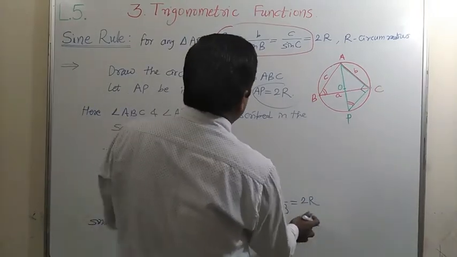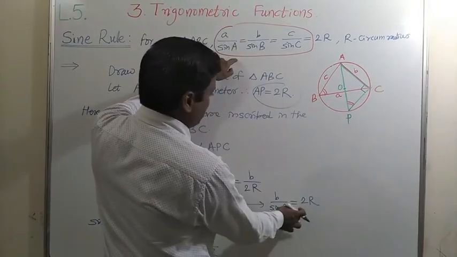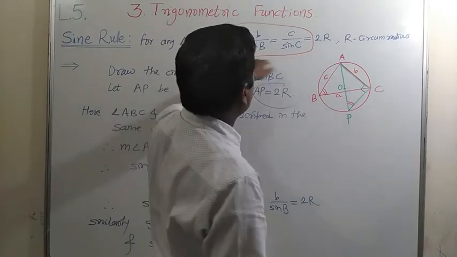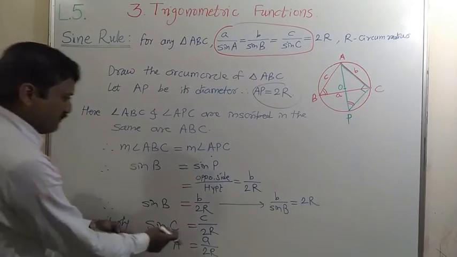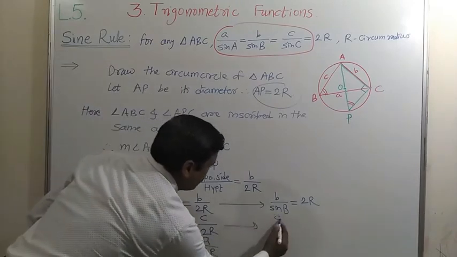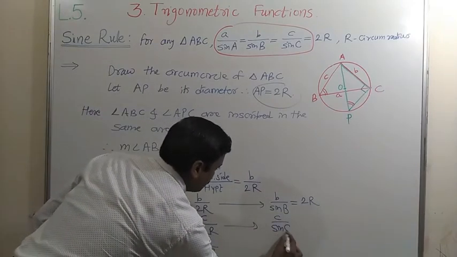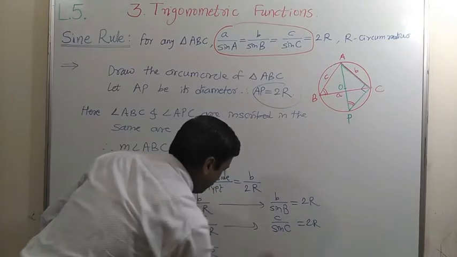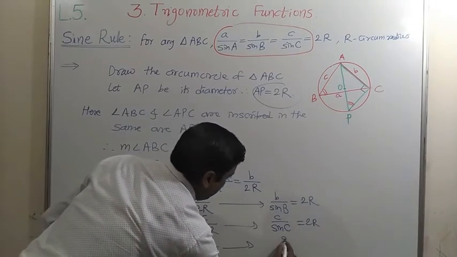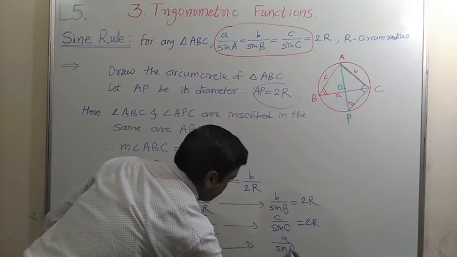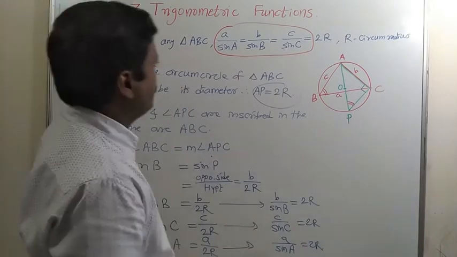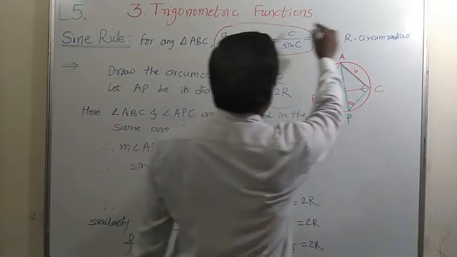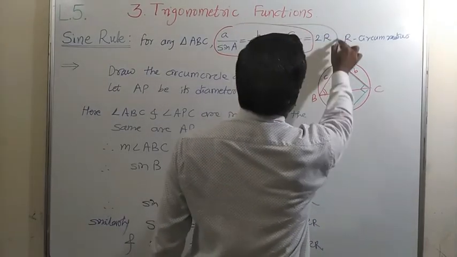Therefore, from this result and our previous results, we can conclude that all these three ratios are equal to 2R. Similarly c upon sin C is equal to 2R, and a upon sin A is equal to 2R.